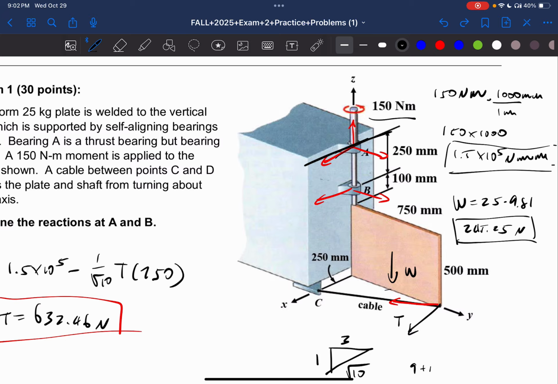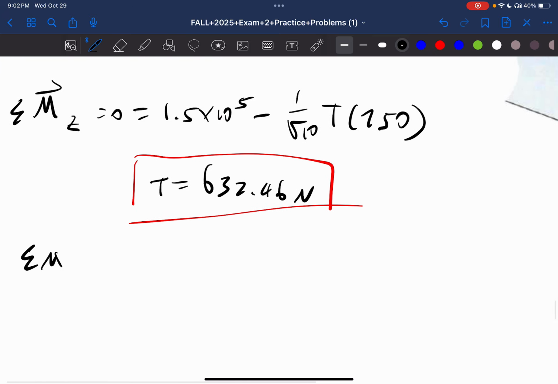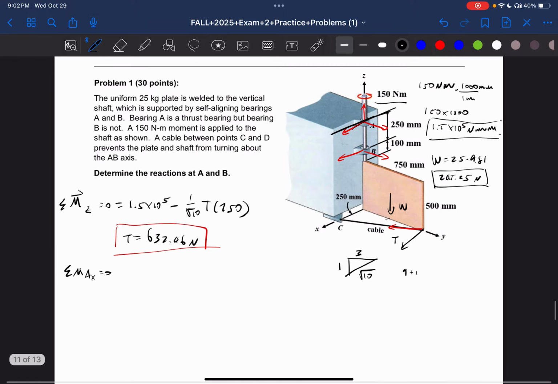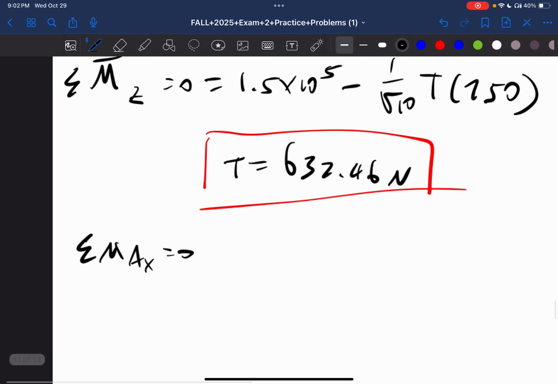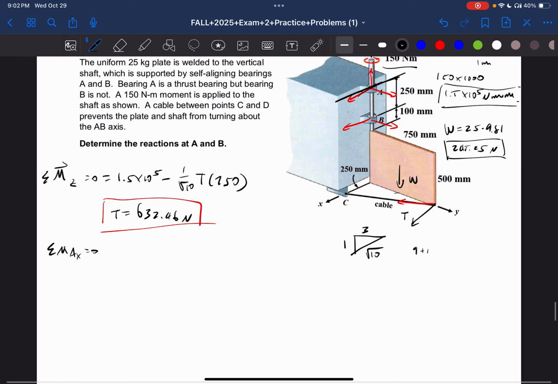If we do the sum of moments about AX, this is going to be equal to 0, right? So we're going to have By times 250, and that's in the positive direction, so it's going to be By times 250.